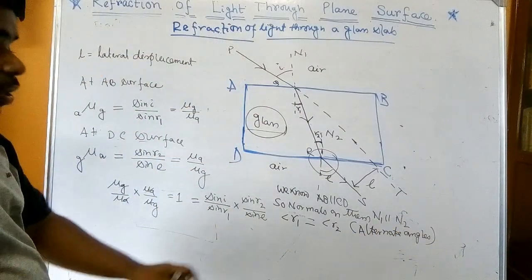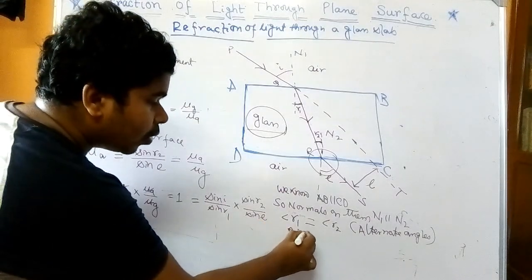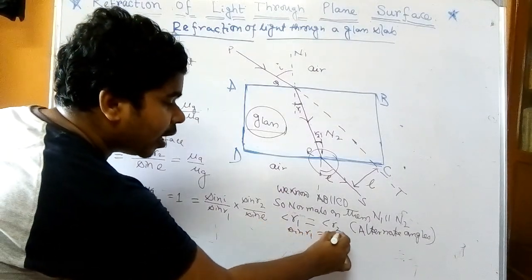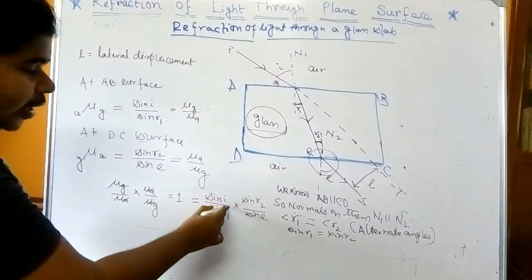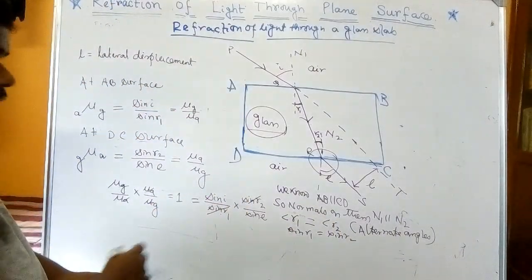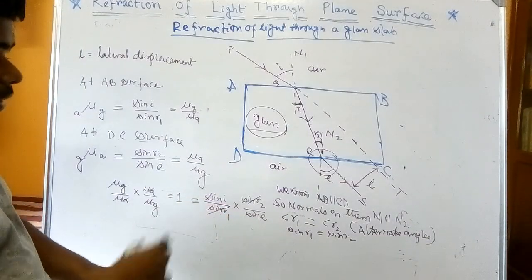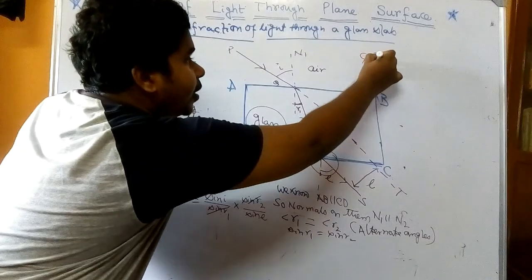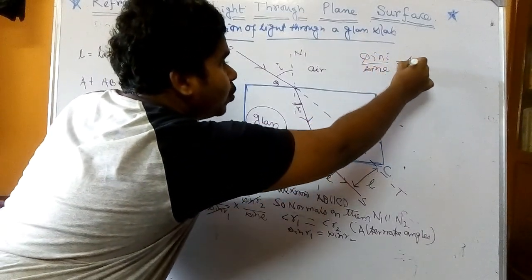It's very clear. As R1 equals R2, sine R1 is equal to sine R2. We can cancel this out, and it becomes sine I by sine E equals 1.